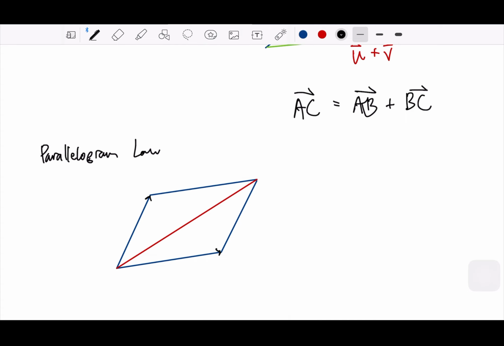So if this is U and V, we can exchange the positions, as long as it remains in the same direction.